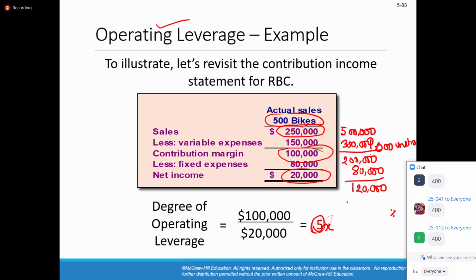So if we determine the degree of operating leverage again, the contribution margin is now 200,000 and my net operating income is 120,000. Is it right that what I have written in the changed case of 1,000 bikes? Is it okay?